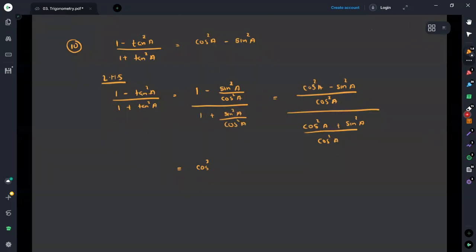If you simply have A over B divided by C over D, we can equate it as A over B multiplied with D over C, the reciprocal of the denominator.